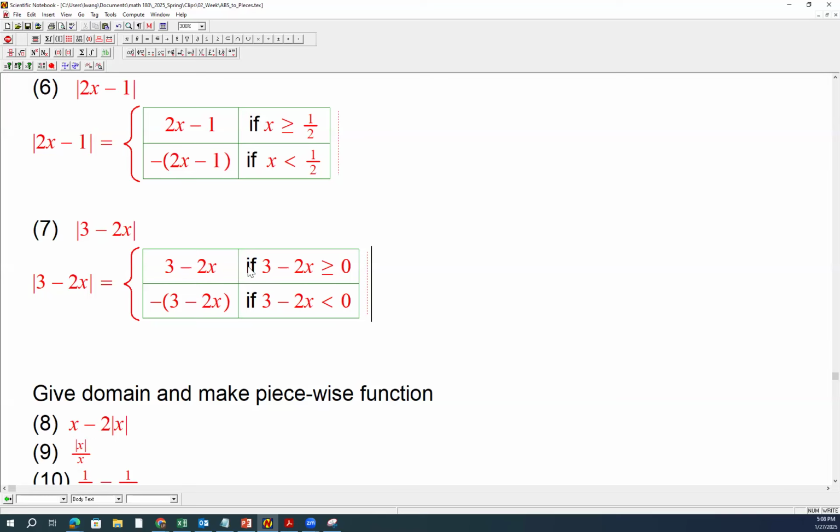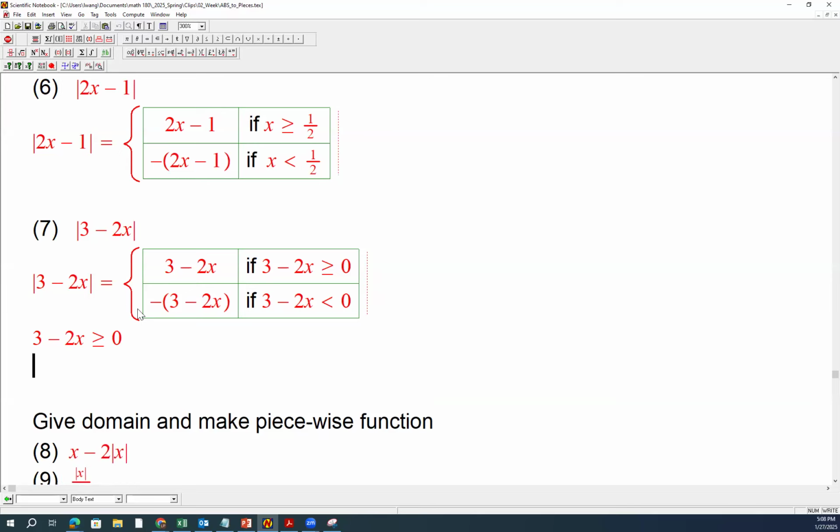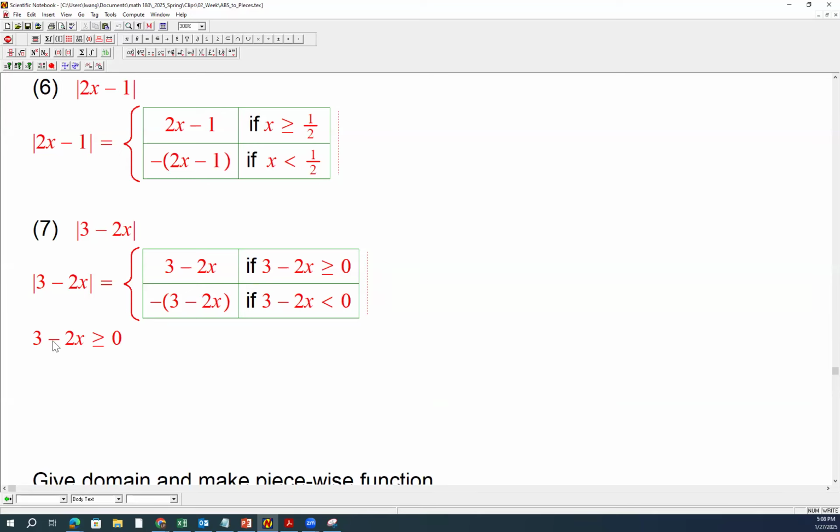Then we're going to solve these two inequalities. So how do we solve this inequality? 3 minus 2x greater than or equal to 0. You can do 3 greater than or equal to 2x, and then divide both sides by 2. So 3 over 2 is greater than or equal to x.